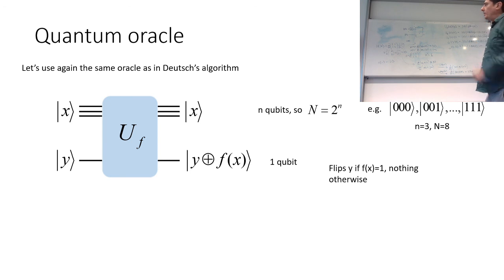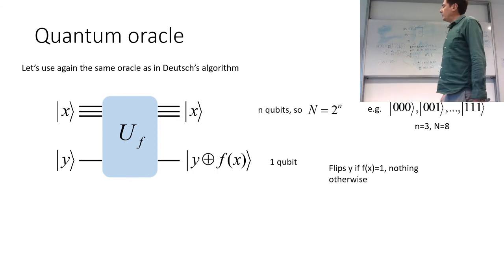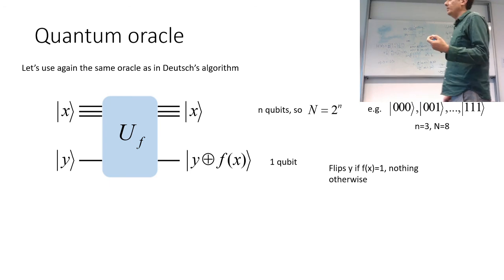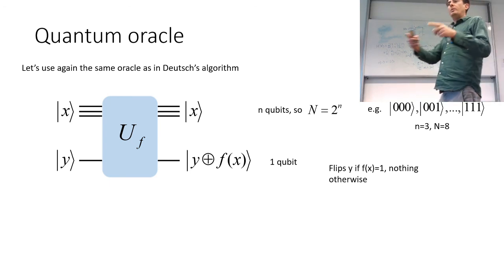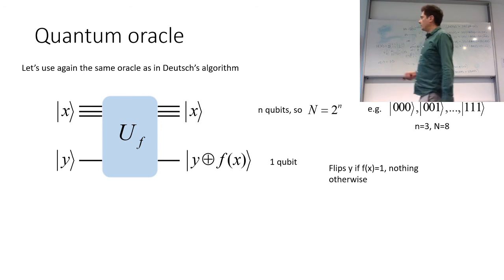Okay, and so we encounter this quantum oracle again, and for the same reasons as Deutsch's algorithm, we need some kind of circuit that is invertible and still encodes this function f, which contains all the information about this search problem. So again, we use exactly the same construction.